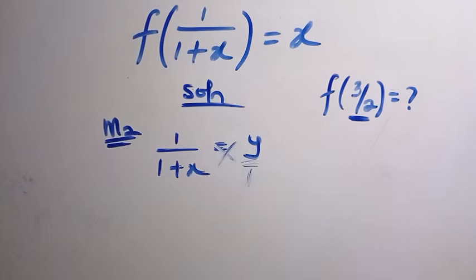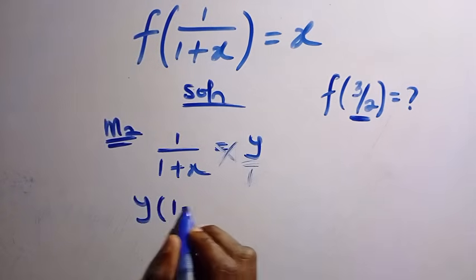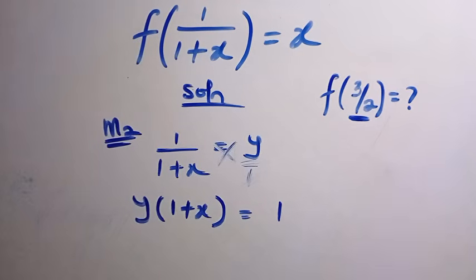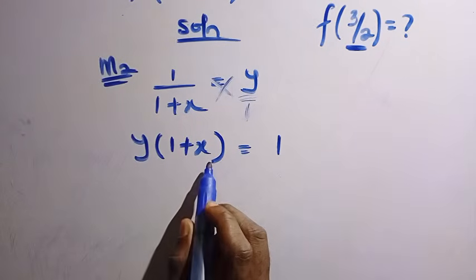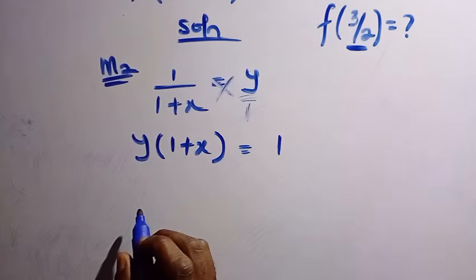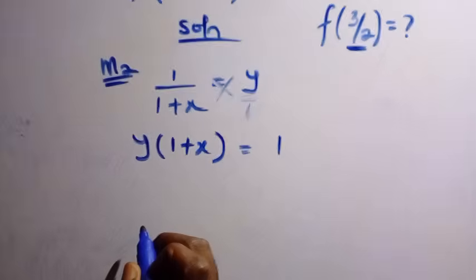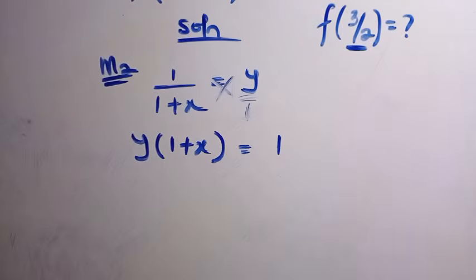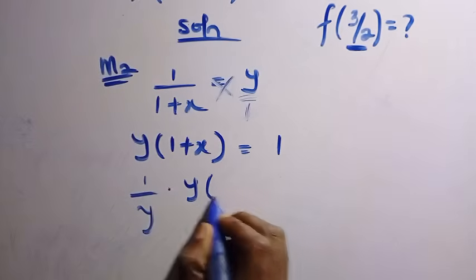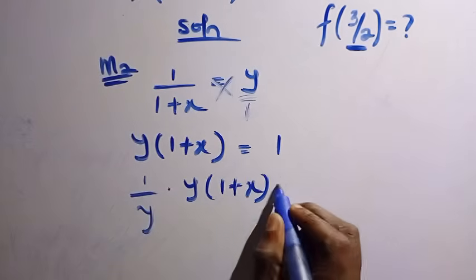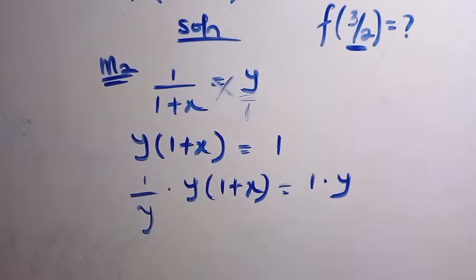Then we also cross multiply. By cross multiplying, we are going to get y into bracket of 1 plus x equals 1. Then there are two things we can do here. Either I open this parentheses or I divide both sides by y. Dividing both sides by y makes it more professional, or we say multiply through by 1 divided by y. So by multiplying through by 1 over y, we have y into bracket of 1 plus x equals 1 multiplied by 1 over y.